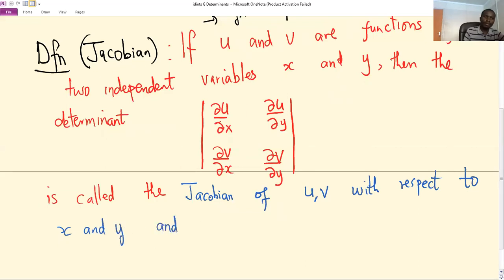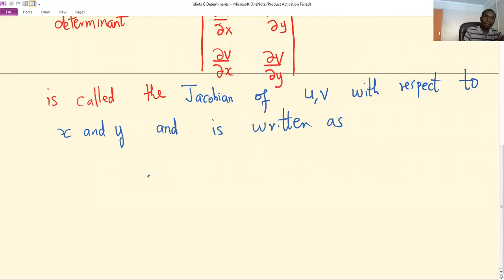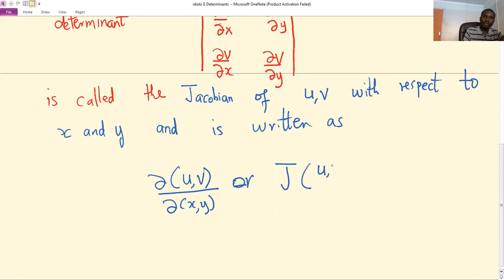And it is written as partial (u, v) over partial (x, y), or we write it as J(u, v; x, y).